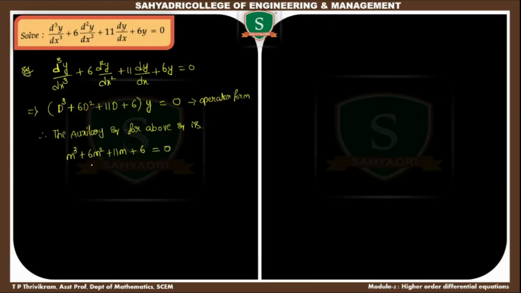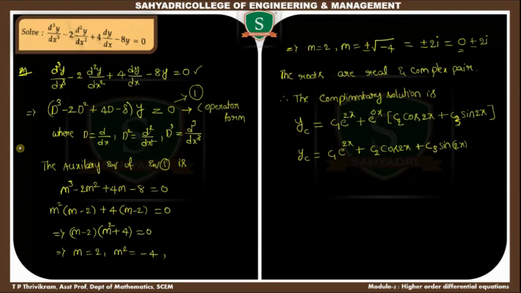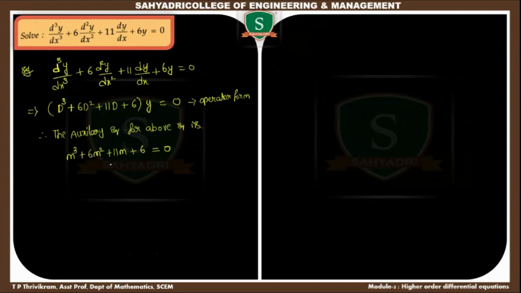Now how will you solve this cubic equation? Every time we can't solve the equation like this. Sometimes you'll get it in an easy way by taking common factors, but it won't work all the time. So here we can't solve using the previous method.